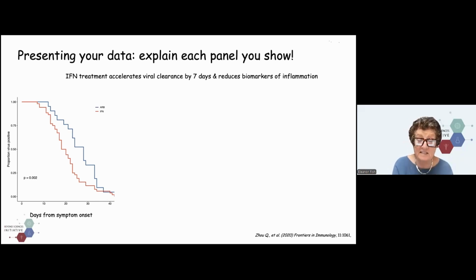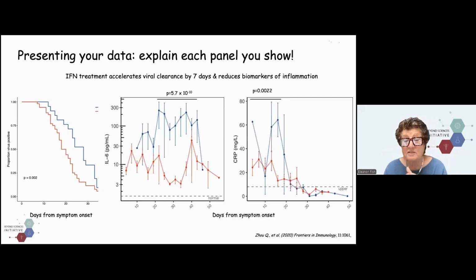On the left-hand side of this slide, you can see a panel that shows the effects of two different treatments on acceleration of viral clearance. Then I introduce two new panels. Again, you need to explain what the blue and red plots are, reiterating that they reflect identically the blue and red plots in the left-hand panel.